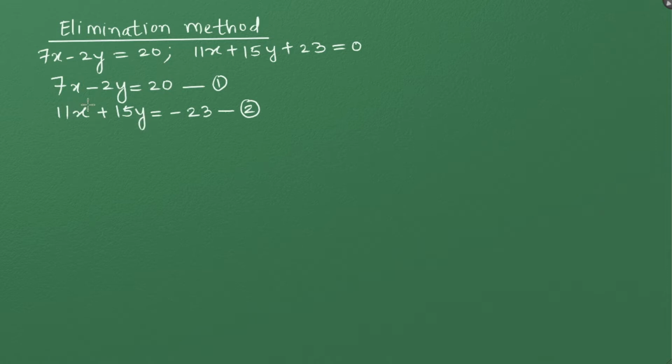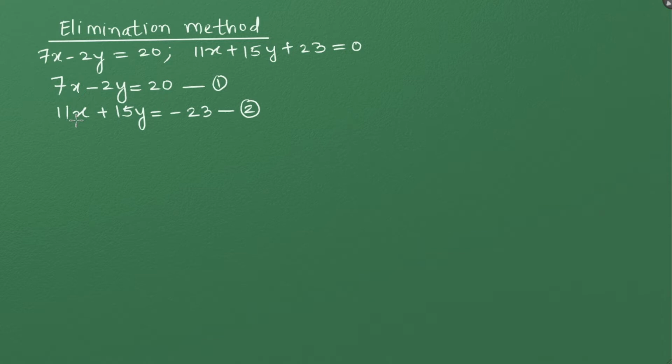Now we have equation 1 and we have equation 2. In the first equation, the variable x has coefficient 7, whereas in the second equation, the variable x has coefficient 11. Now if we decide to eliminate x, then the coefficients of these x should be made equal.